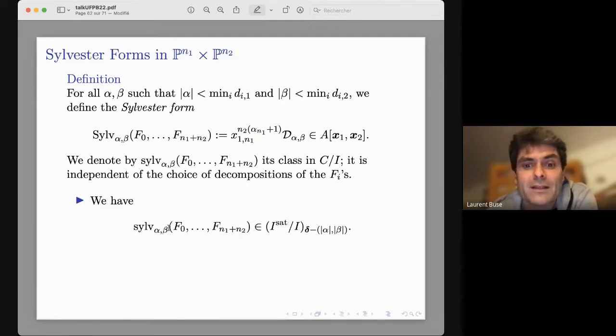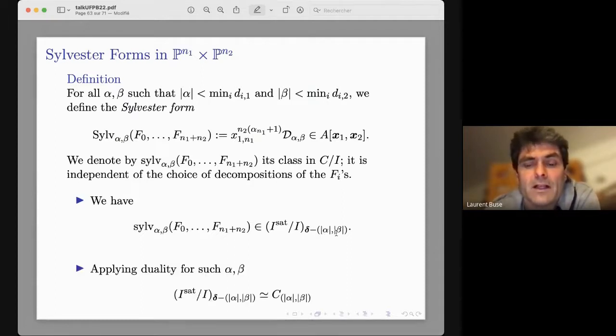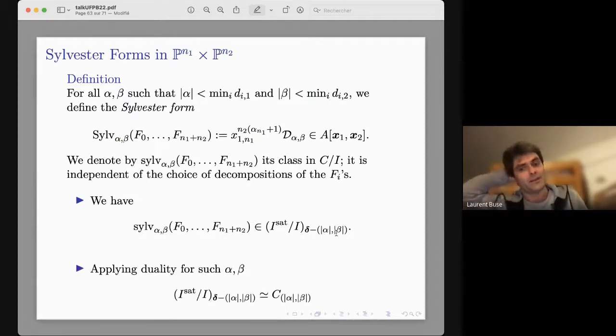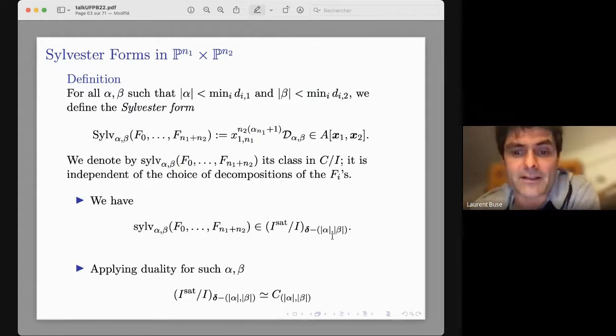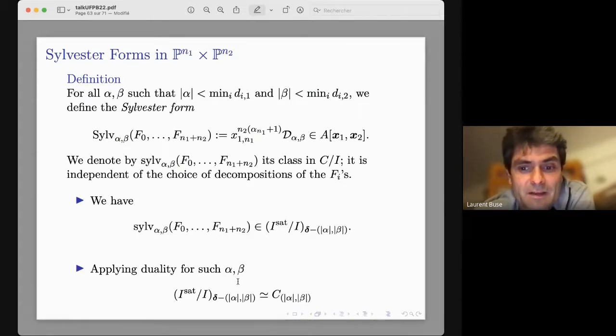So you have natural elements in I sat mod I in degree delta minus alpha beta. But if you have in mind the duality that I mentioned before, the duality proved essentially that I sat mod I in this degree delta minus alpha beta is isomorphic to C, the polynomial ring, in this bidegree alpha beta. So how many elements do you expect here?